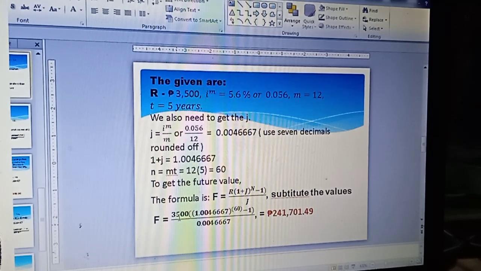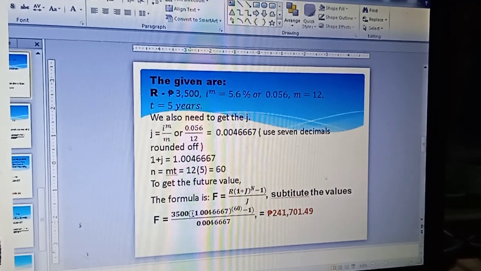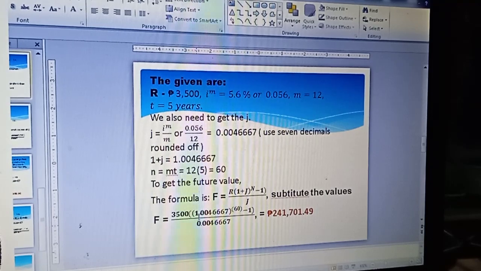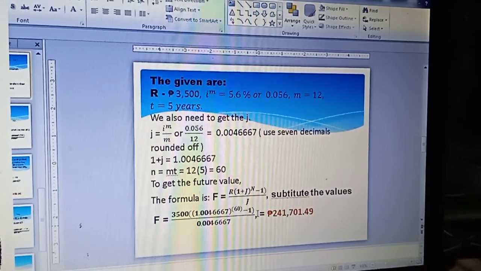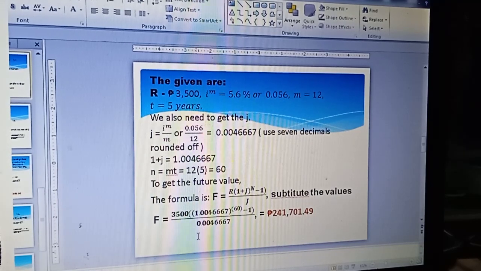So we have 3,500 times 1.004667 raised to 60 minus 1, all over j, which is 0.004667.